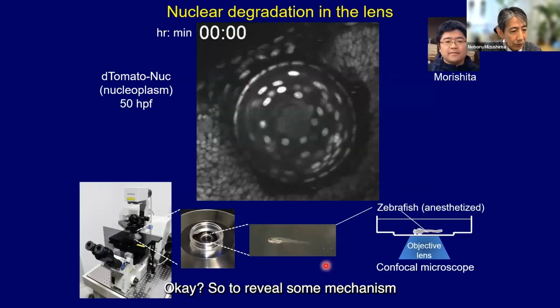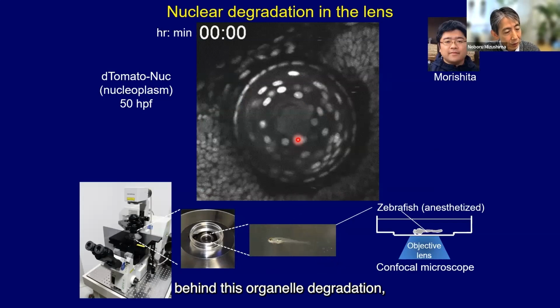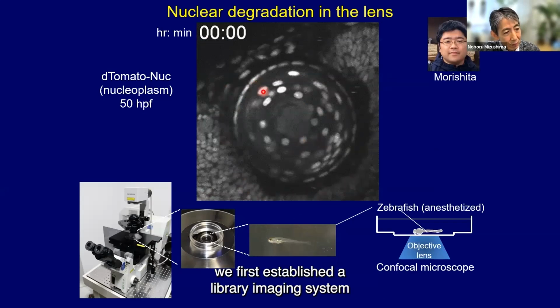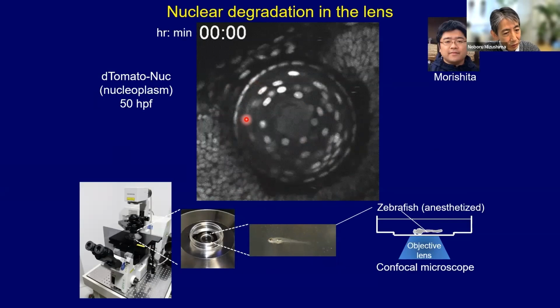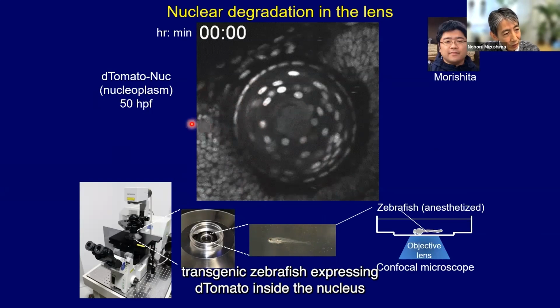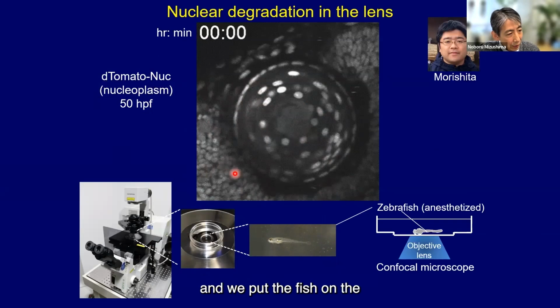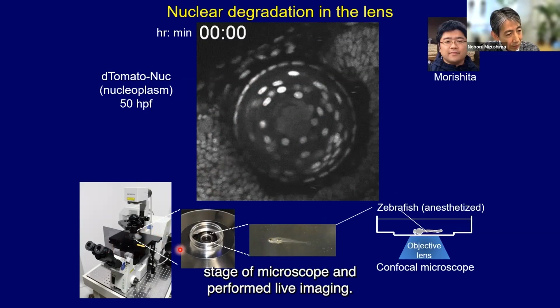To reveal the mechanism behind this organelle degradation, we first established a live imaging system using zebrafish. This is a very nice system. We generated transgenic zebrafish expressing tdTomato inside the nucleus, put the fish on the stage of a microscope, and performed live imaging.